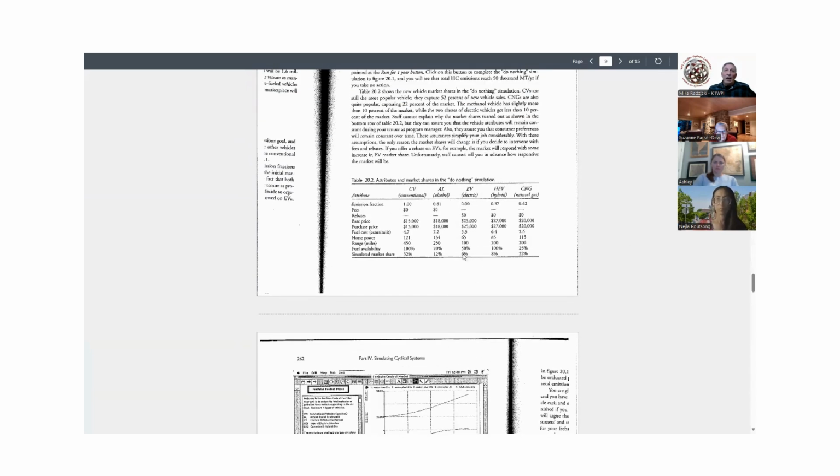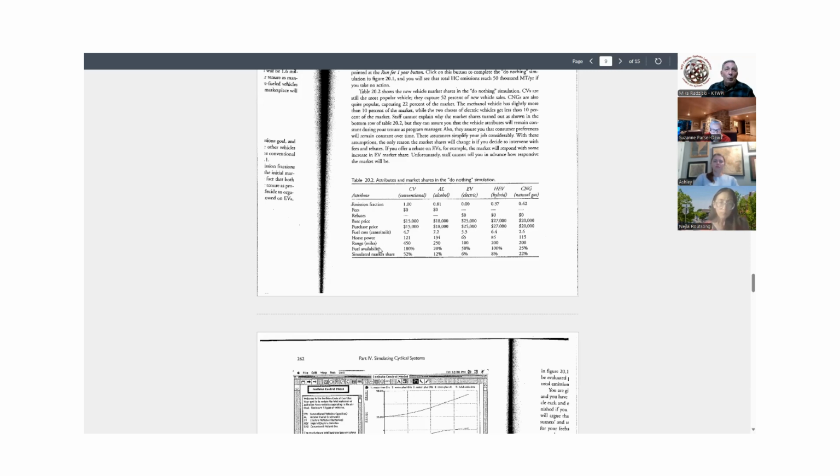In this chapter, he's looking at the various attributes that would make a particular car attractive to purchase, instead of attributes of a city that would make it attractive to move to. Similar idea here.